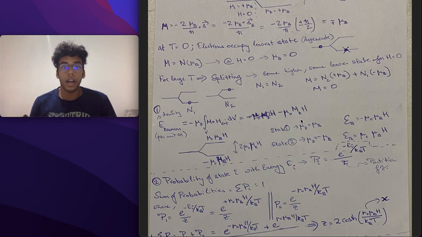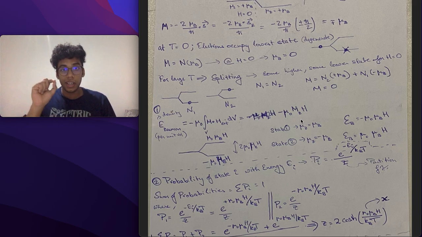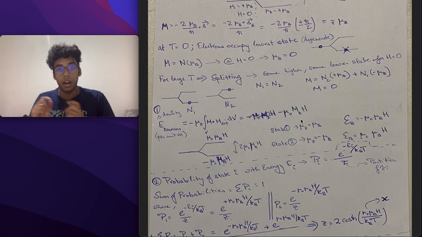Okay, and I also want to clarify one more thing. Since we are dealing with separate atoms, an assembly of different atoms, there can be a parallel arrangement of spin.